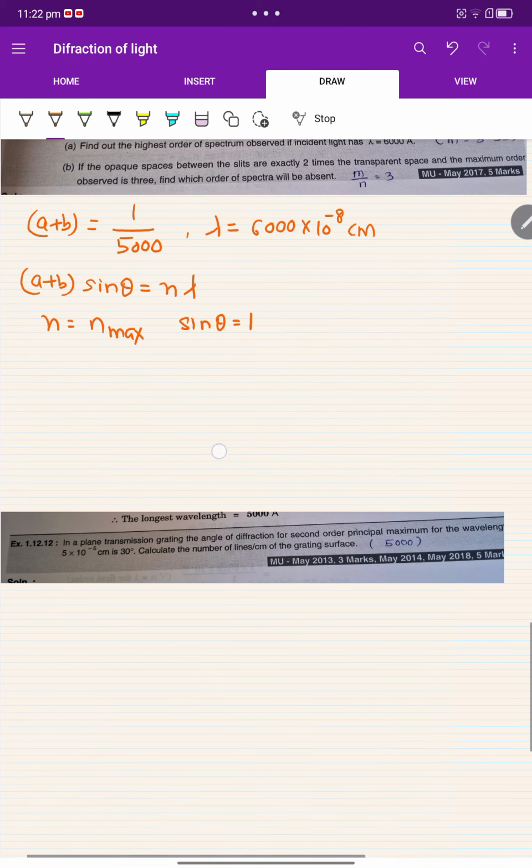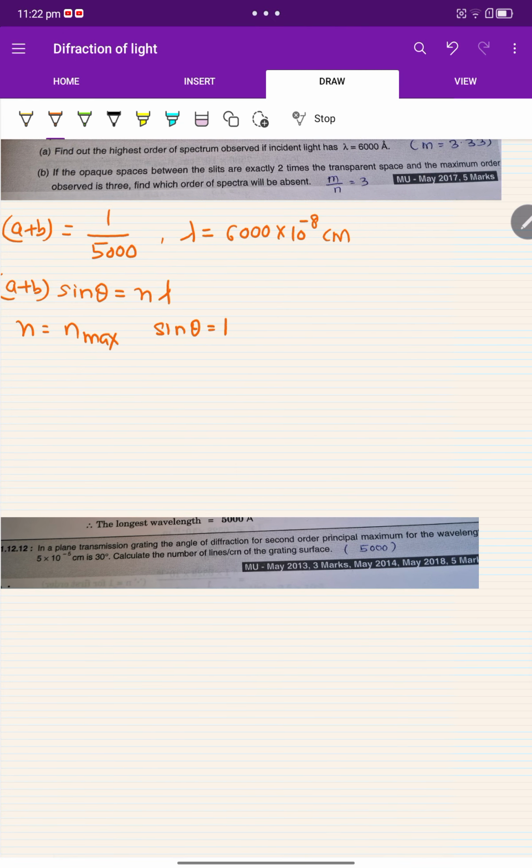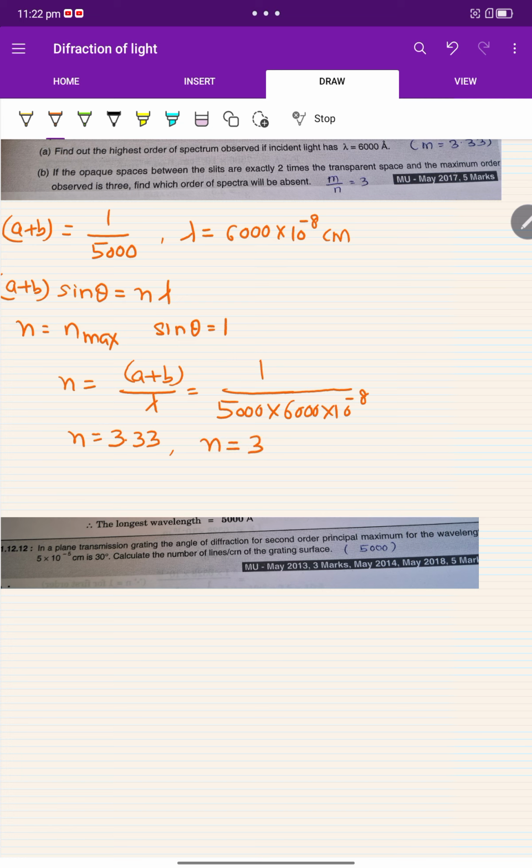Therefore, when I substitute into this formula, we'll get n equals A plus B divided by wavelength. Value of A plus B is 1 upon 5000 into 6000 into 10 to the power minus 8. When we substitute the values, we'll get n equals 3.33, or n is equal to 3.